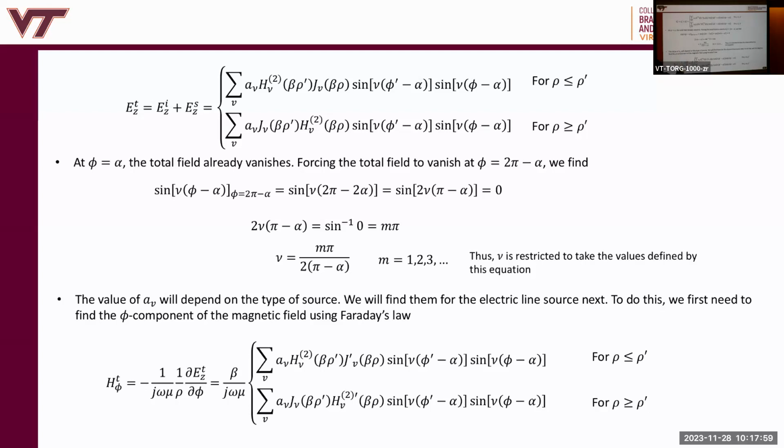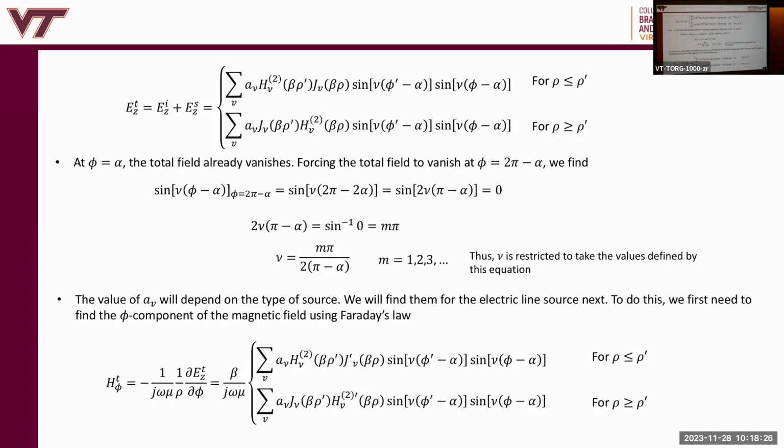We're going to differentiate to get h phi. So that's this expression here. If we differentiate with respect to phi, then something bothers me here. These should be cosine, right? What did we do wrong here?